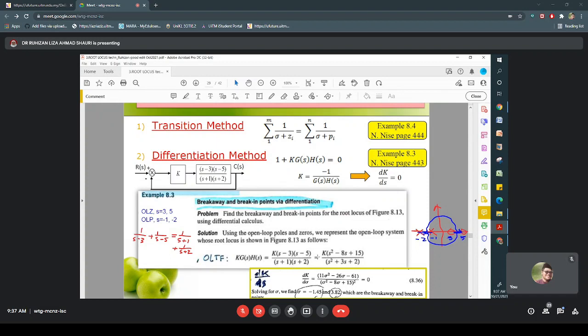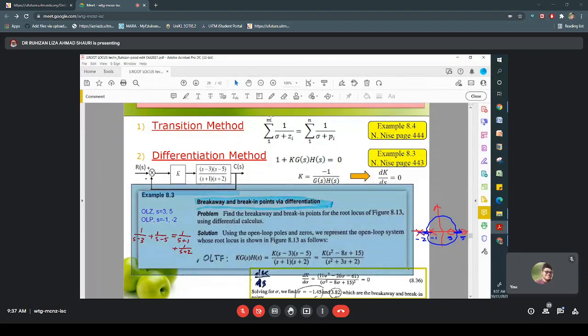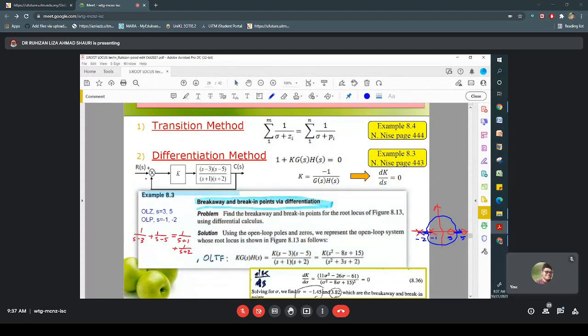Once you have got that, remember the formula. Now carefully please look at this. Can I write it up here?